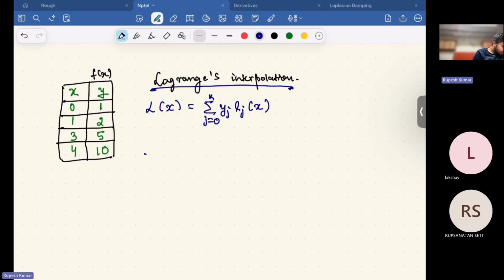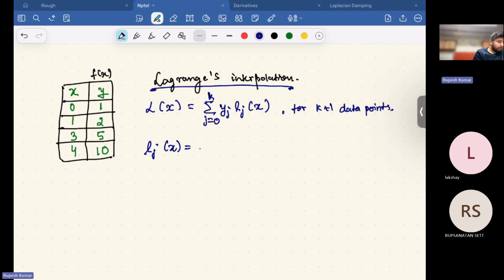Where lj of x is given as, so this is a combination of a set of k basis polynomial functions, where k plus 1 is the total number of data points, or you may call them observations, right?